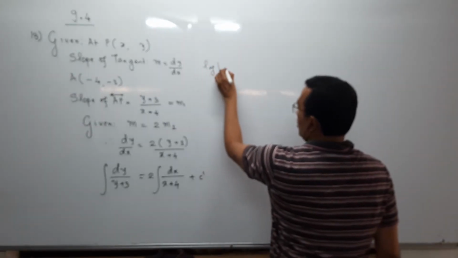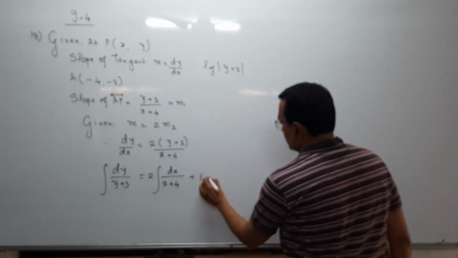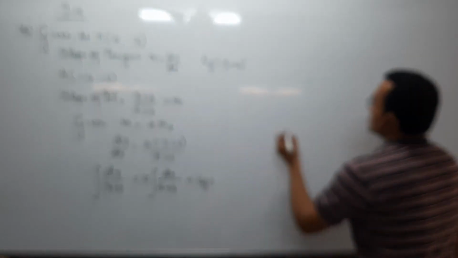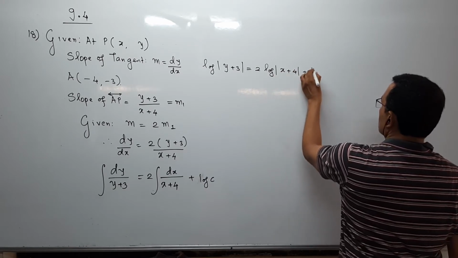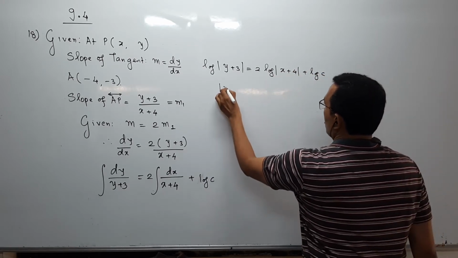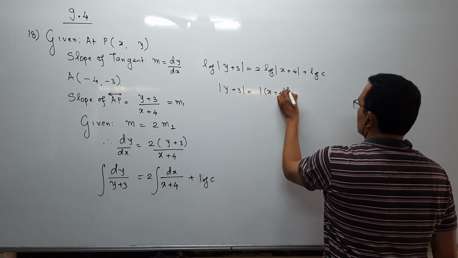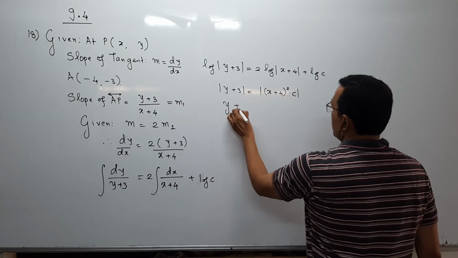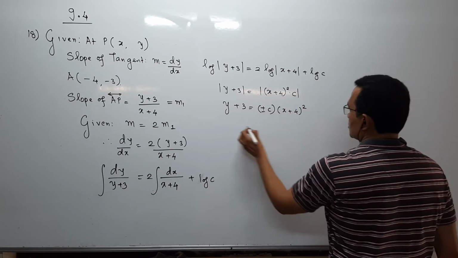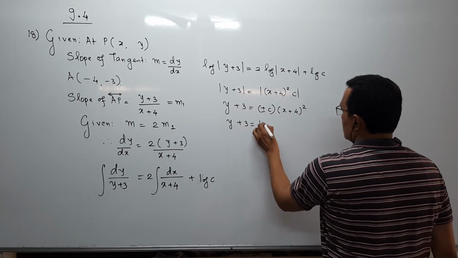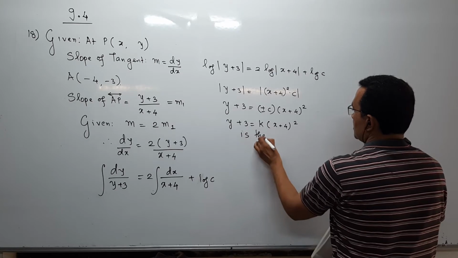So log mod y plus 3, or even I can write constant as log c, is equal to twice log mod x plus 4 plus log c. So mod y plus 3 is equal to mod x plus 4 the whole square into c. So y plus 3 is equal to plus or minus c into x plus 4 the whole square. So y plus 3 is equal to k into x plus 4 the whole square, is the general solution.